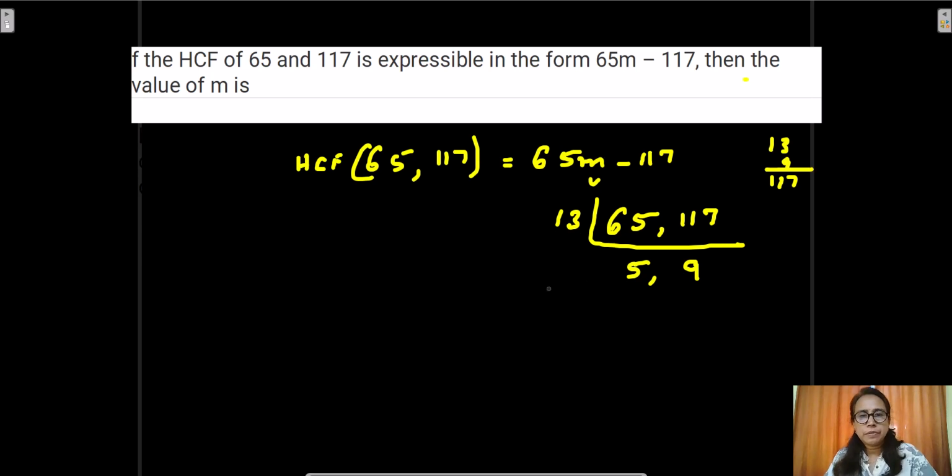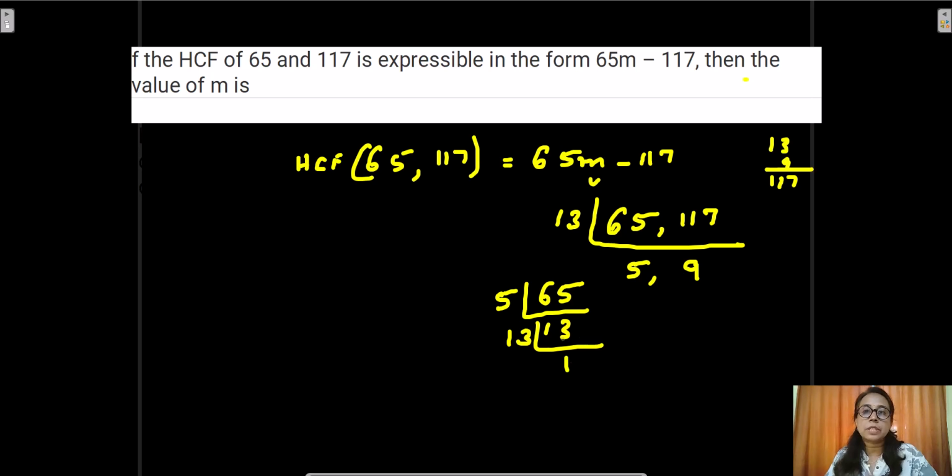If you want, you can find out this way also. No problem. Take 65 separately: 5 will be the divisible number, then 13, right? 13 fives are 65. This method is also correct.